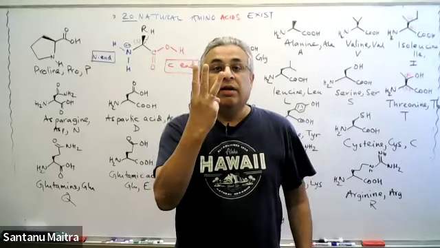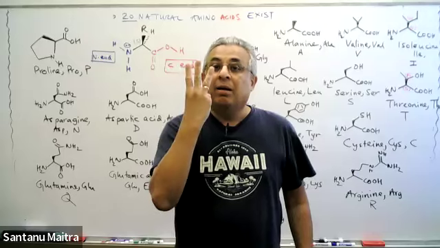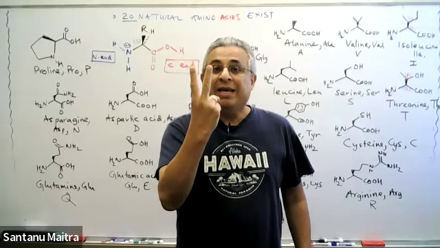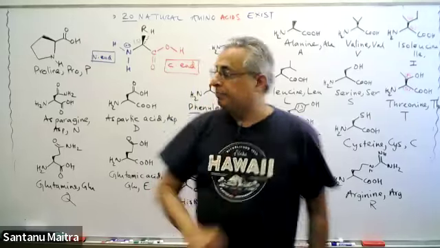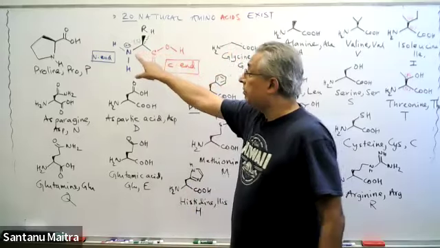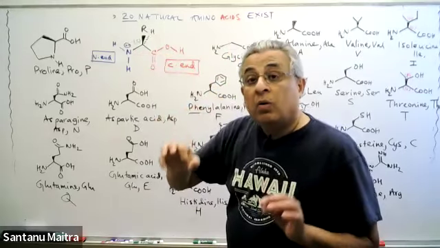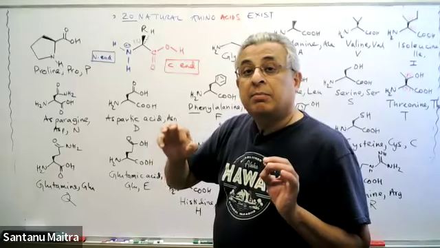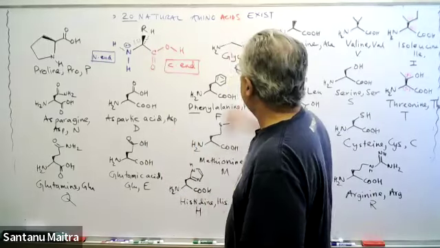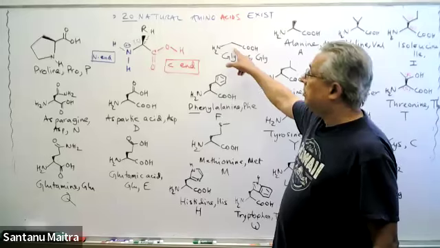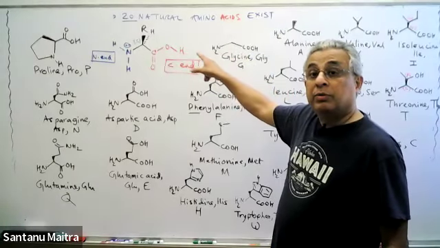When there are three, that's methyl. Methyl, methylene, methine. So this is a methine. The only amino acid that's methylene is glycine, because R equals H.